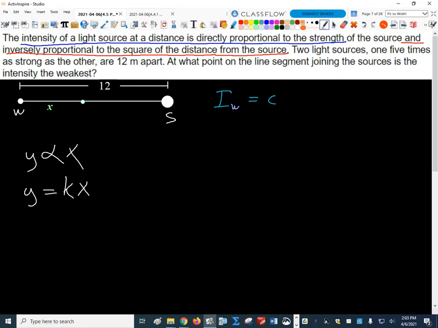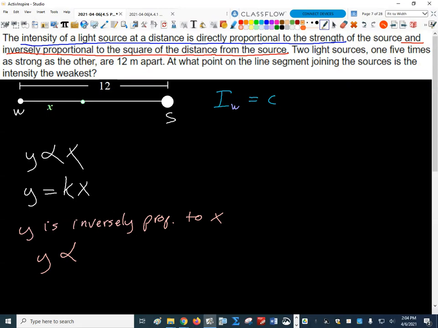How do I say that it's inversely proportional to the square of the distance? What does inversely proportional mean? If I wanted to say that y is inversely proportional to x, how would I say that?